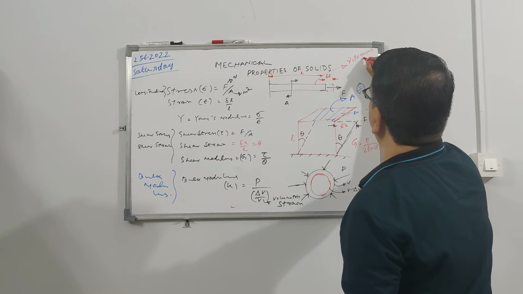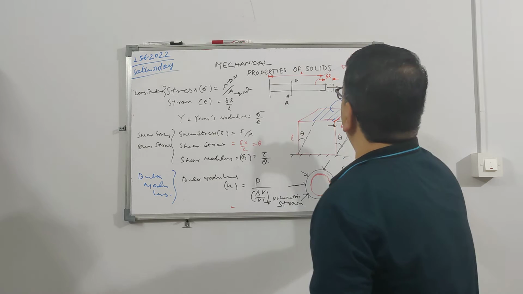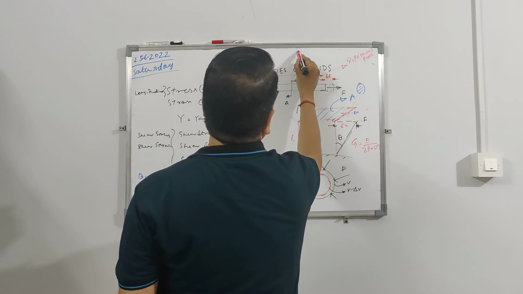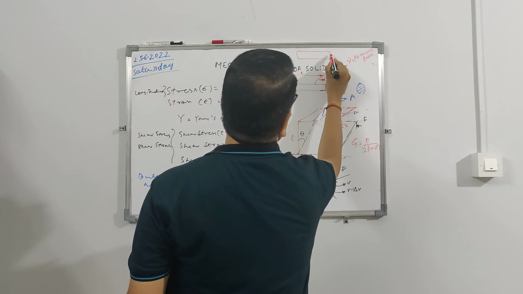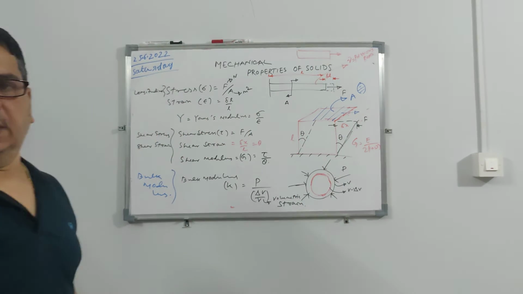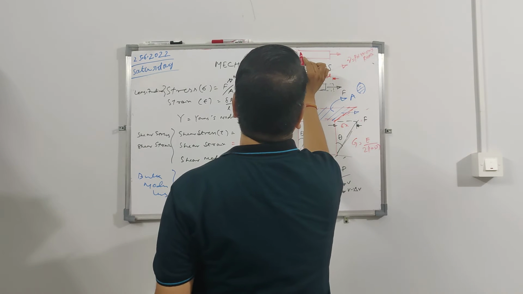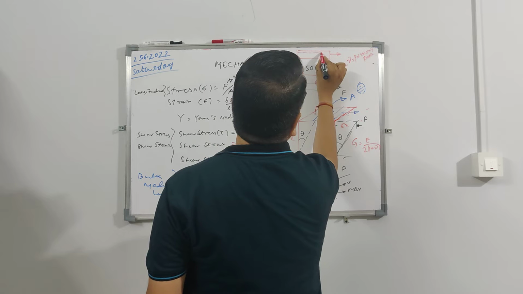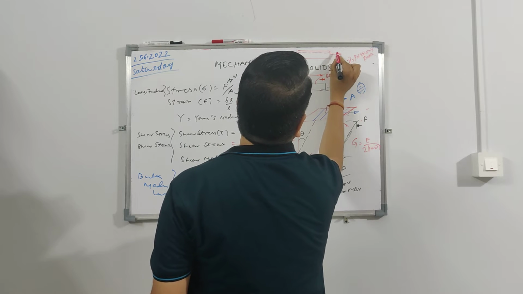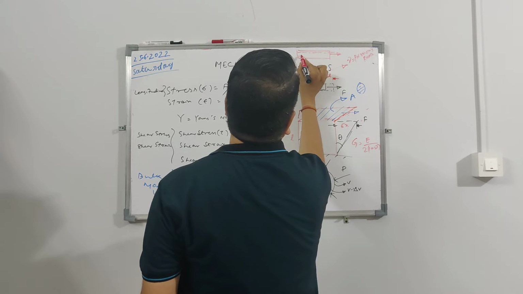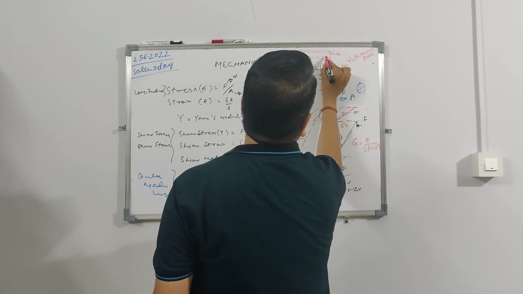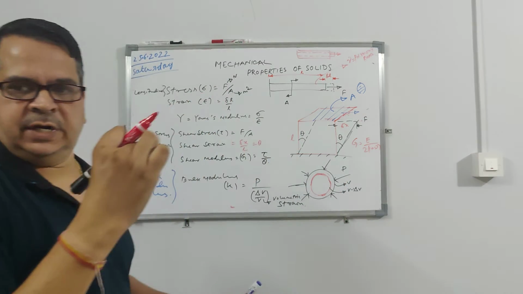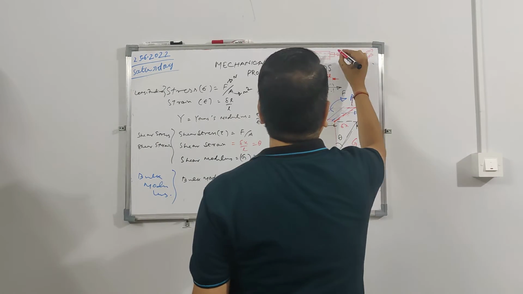Suppose when you are stretching a rod, it will get stretched in the longitudinal direction, and in the lateral direction it will get compressed and shrink.